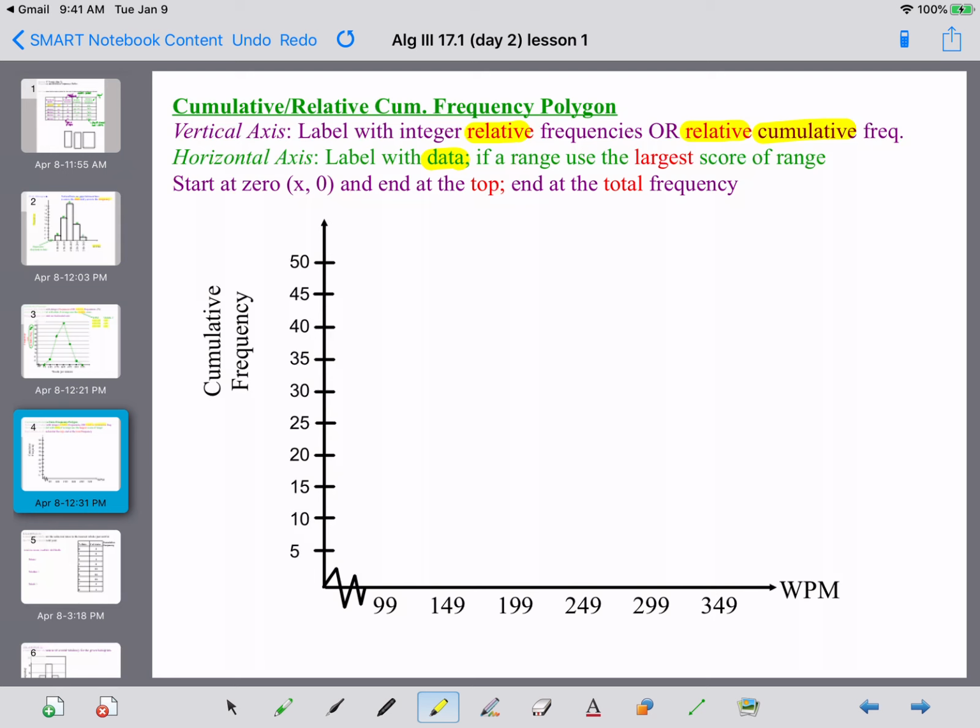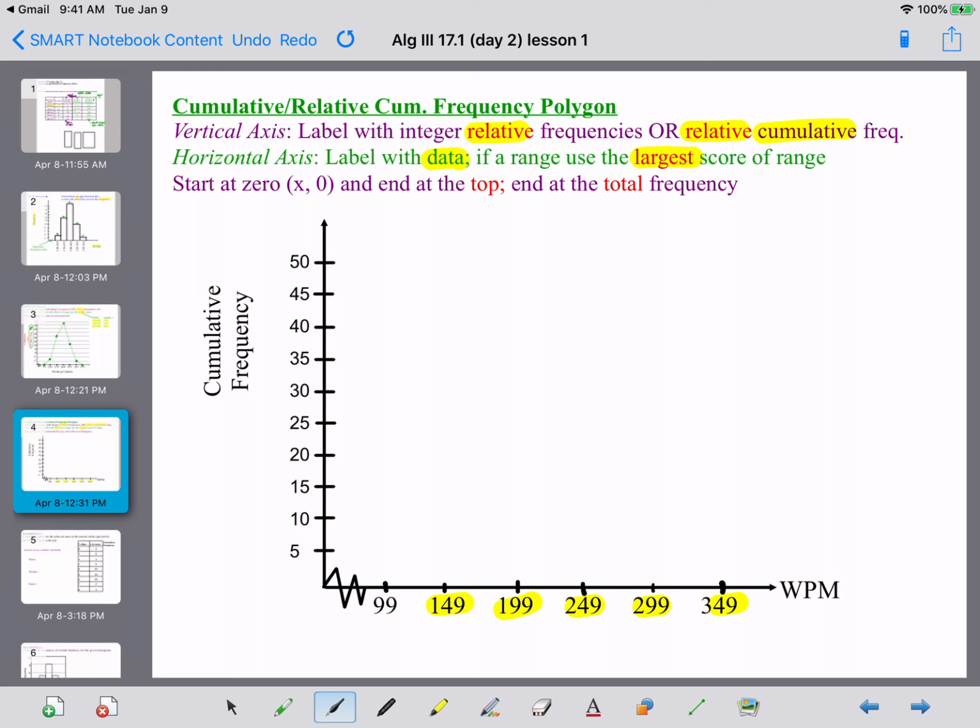Now if it's a range, you're going to use the largest score of the range. So, for example, for the range from 100 to 149, we're just going to label the 149. All right, and you can see that here, these are just the top numbers of the range. Because if we're doing a relative frequency, we're adding things up as we go.